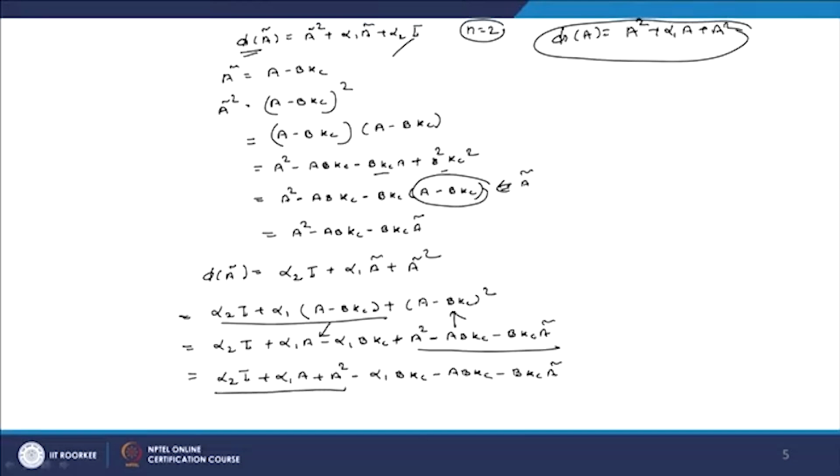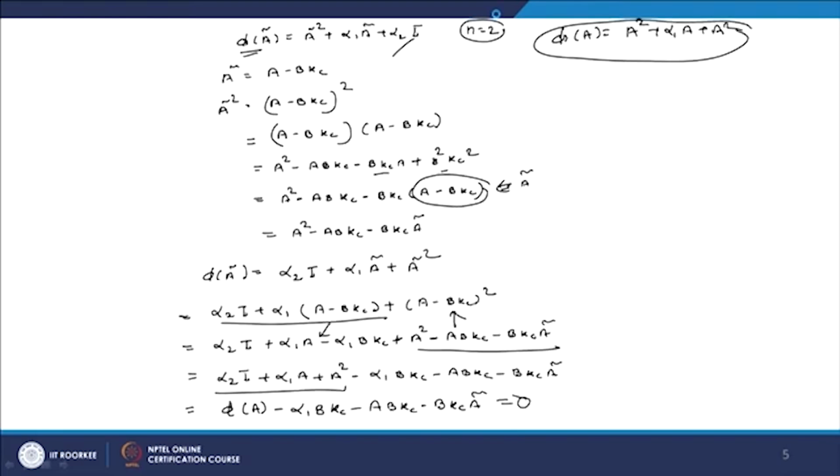So, you will find that this particular equation we write down as phi of A minus alpha 1 B into Kc minus AB into Kc minus B Kc A bar, and this is 0.